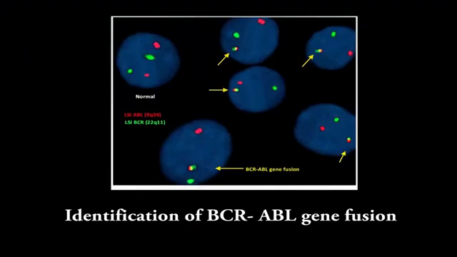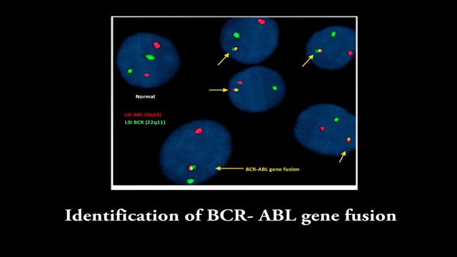Then in 1985, Heisterkamp and his colleagues mapped the breakpoint of the translocation and identified the fusion of parts of the BCR gene from chromosome 22 and the ABL1 gene from chromosome 9, resulting in a gene fusion product called BCR-ABL.